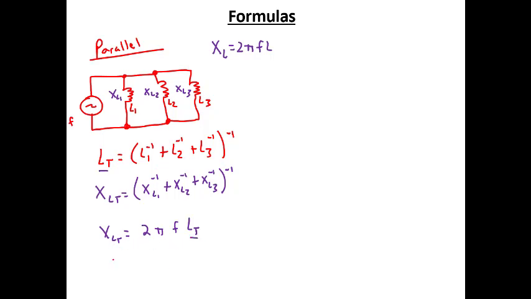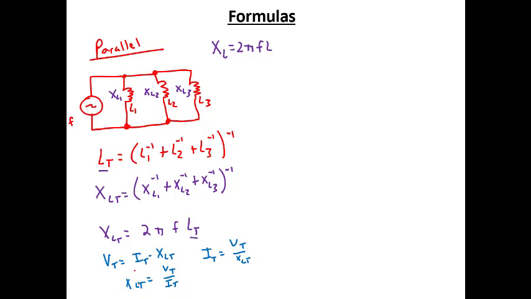We could also use the Ohm's law formulas just like we talked about in the previous one, where we have V total equals I total times X sub L total, I total equals V total over X sub L total, and X sub L total equals V total over I total.